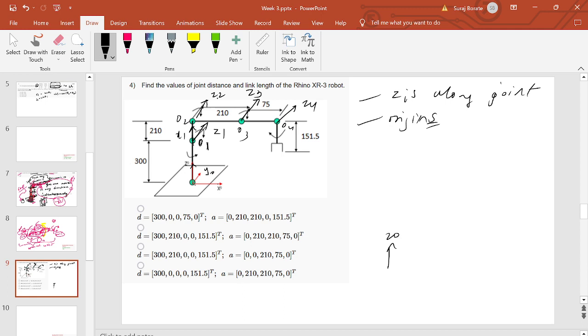Where is the common normal between Z2 and Z3? This is the common normal, right? So this will be X2. This will be X3. Fine. So we have done the Xi's along the common normal to Zi and Zi minus 1.